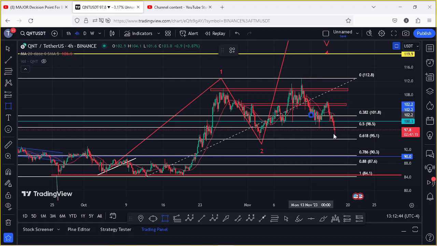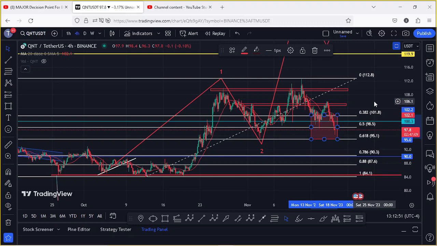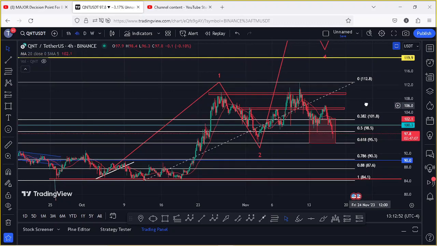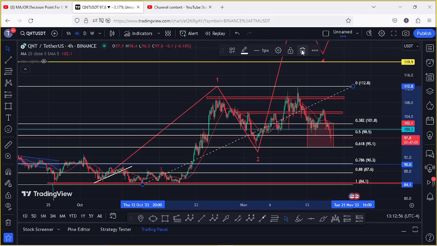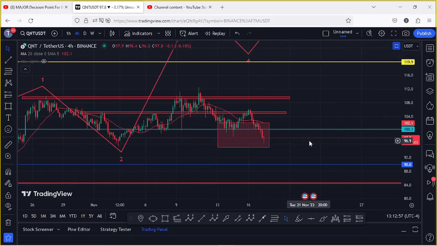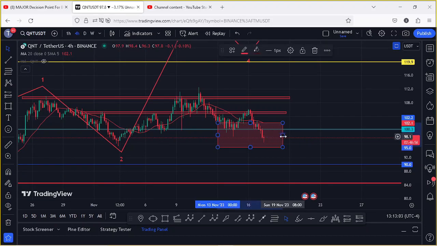That area lies between the $100.18 mark and the $95.1 mark, and this is the area within which I'm expecting QNT to continue holding above in the next coming hours.